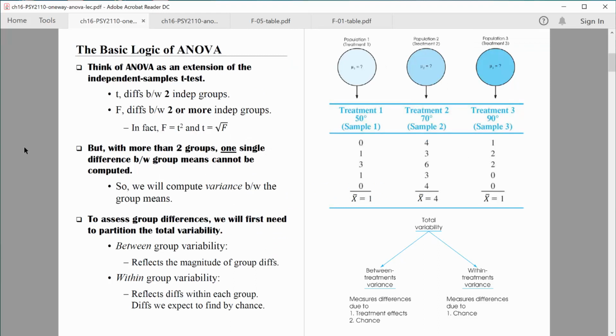So of course, we've learned z-tests, where we compute z-values, t-tests, where we compute t-values, and now we're going to compute an analysis of variance, where we compute an f value. And that f value is very closely related to a t value. Because if we were to compare two groups, like men versus women, to see who sends more text messages, we could actually use the independent samples t-test or the analysis of variance.